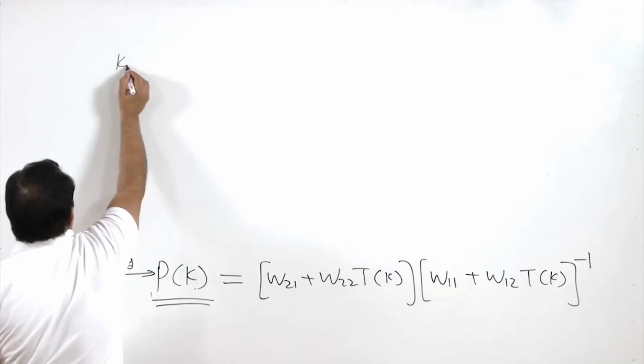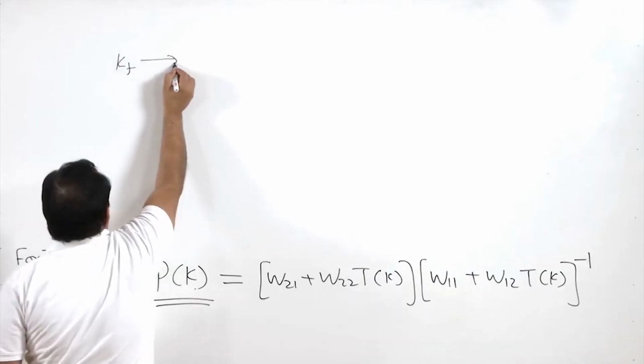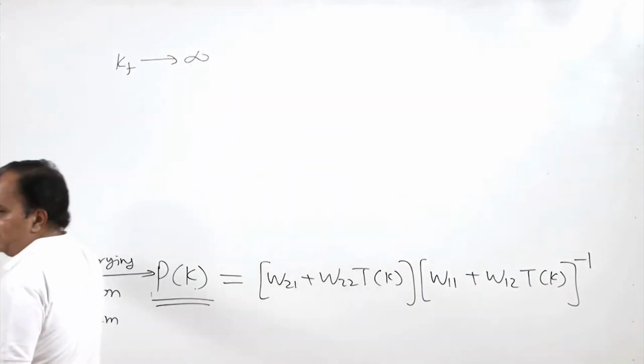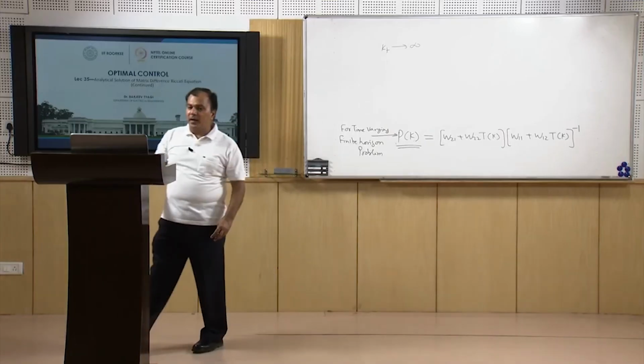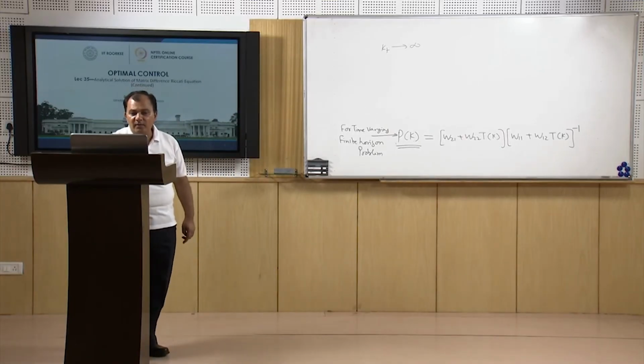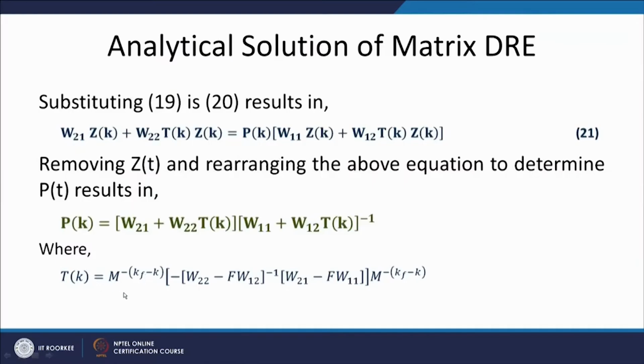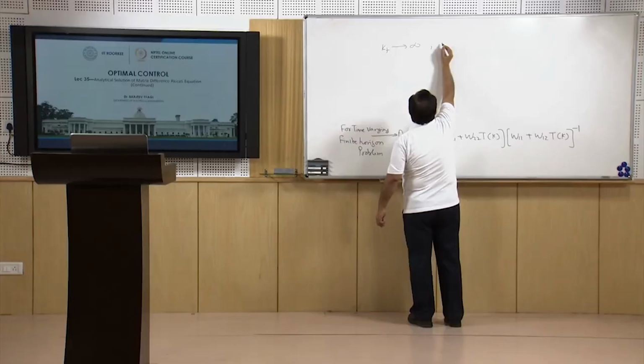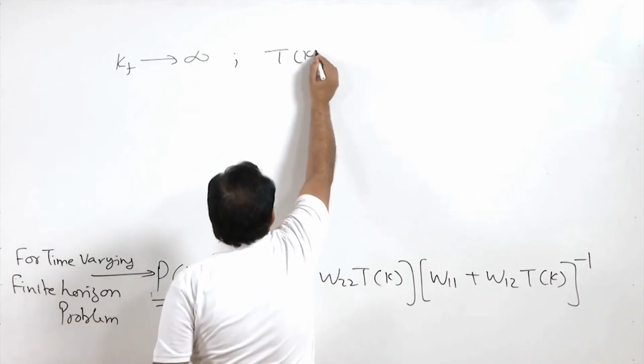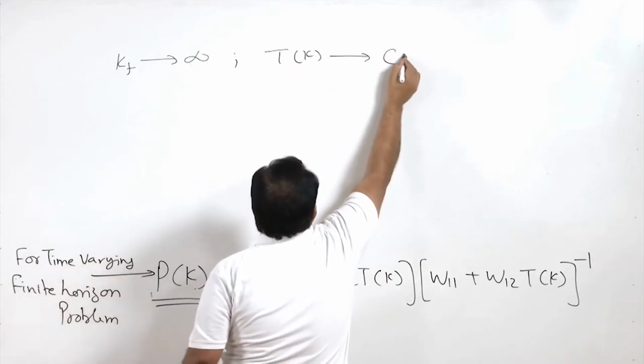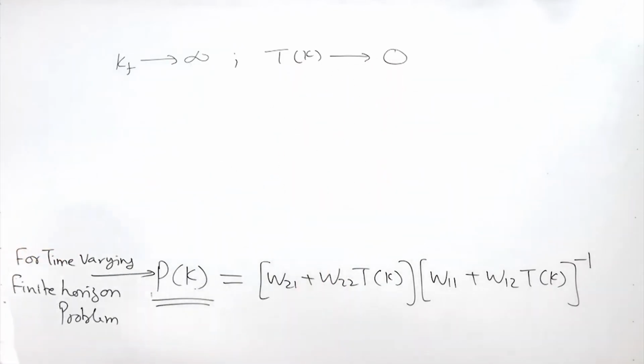As my Kf approaches infinity, I can see in my Tk, Kf is approaching infinity. So, this term is going to be 1 upon m to the power infinity, giving you infinity and making this term go to 0. So, as Kf approaches infinity, my Tk will approach 0.